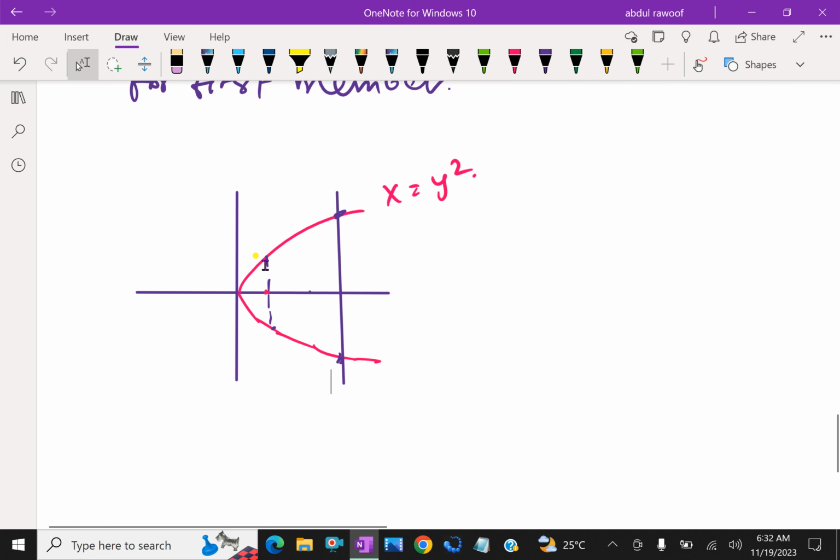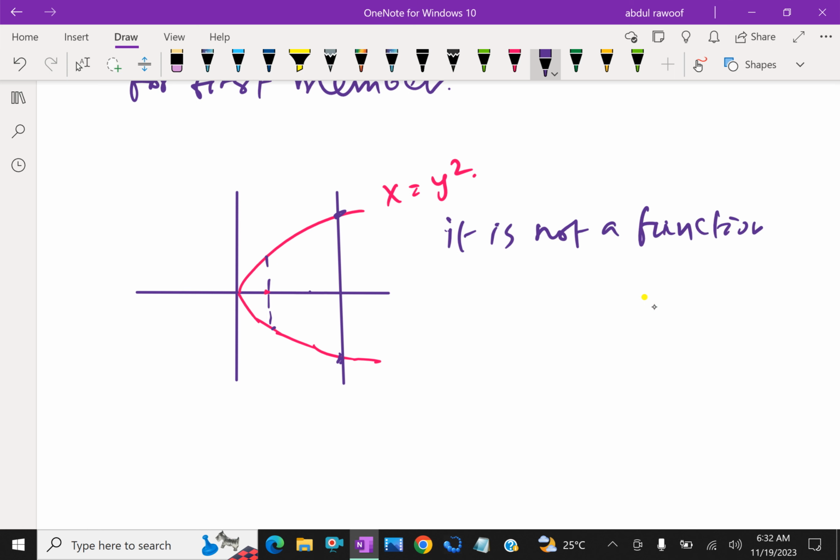For each value of x there are two y values, so it is not a function.